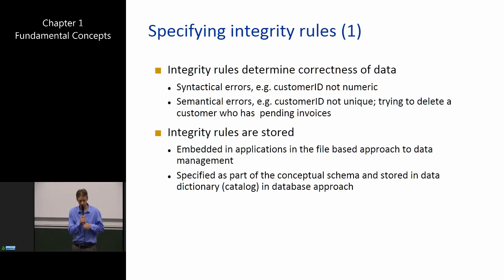Integrity rules can also be specified in a database approach. And integrity rules are going to determine the correctness of data. Here we have syntactical errors, like a customer ID should be numeric. That's a syntactical rule which will be specified in the catalog, such that if a customer enters a non-numeric customer ID, your database will give an error.